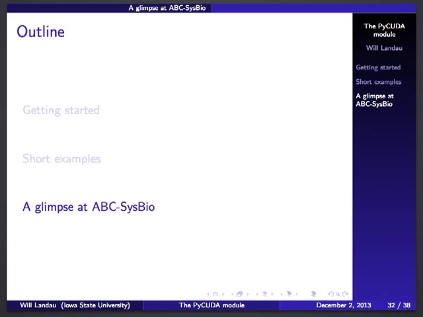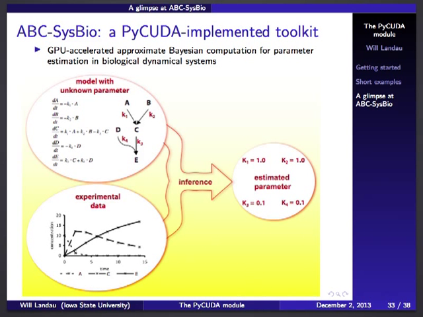There's this software package called ABC-SysBio. Some of you may be interested. This is very specific, but for people who are watching this video, maybe that would be of interest. ABC-SysBio is a GPU-accelerated package that does approximate Bayesian computation and estimates parameters in biological dynamical systems.